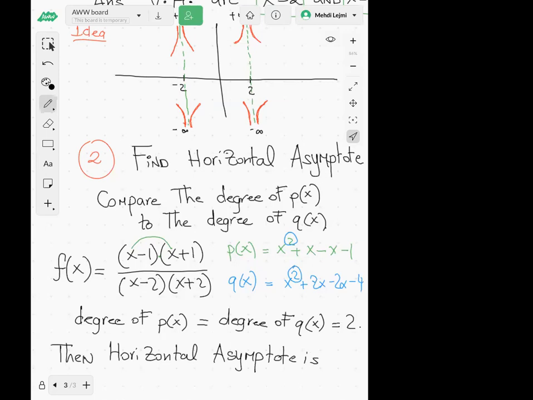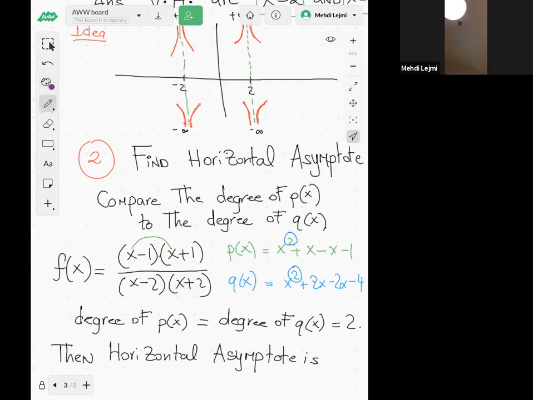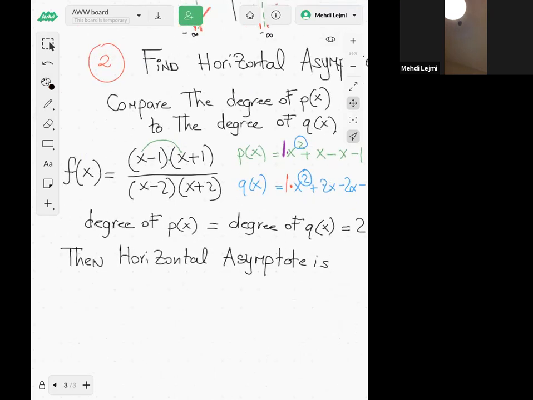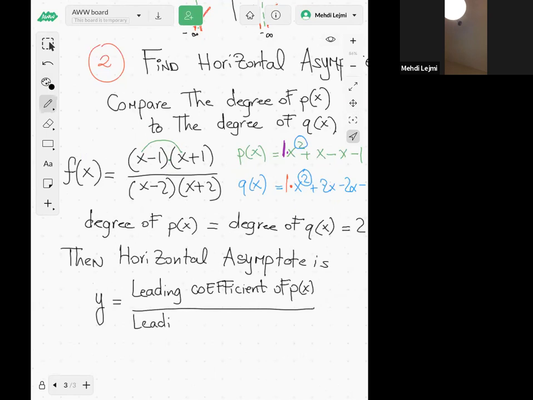So what's the leading coefficient of p? Well, that'll be 1, because it's 1x squared, right? And the leading coefficient of q is also 1, because we have 1 times x squared. So the horizontal asymptote is y equal to the leading coefficient of p over the leading coefficient of q, and that will be 1 over 1.